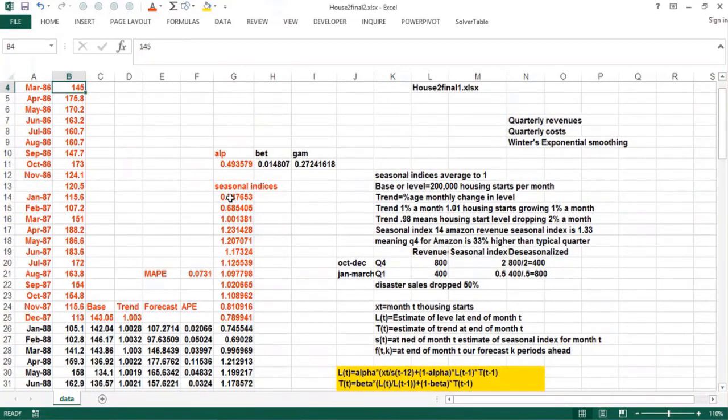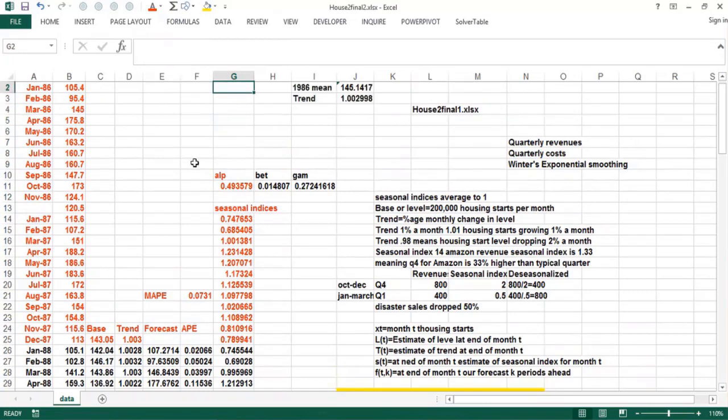Okay, so how would you estimate the seasonal indices? Well, this is a very crude method. You can make it more sophisticated, but we'll stick with this. Based on 2 years, 86 and 87, what would you estimate the January seasonal index as? Well, you'd simply average the 2 January observations in row 2 and row 14 and divide by the average of the 2 years. You can see these two numbers, 105 and 115, average to 110, and the average for the whole 2 years is clearly higher.